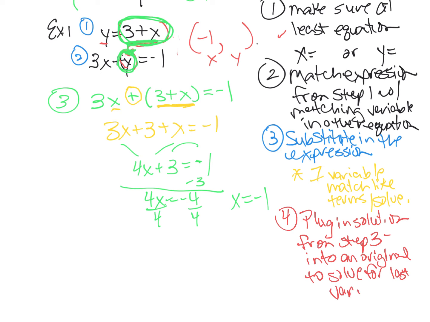Okay, so I have my x, so now I'm going to substitute in x equals negative 1 into one of these original equations. And I would just recommend choosing whatever is the easiest one.